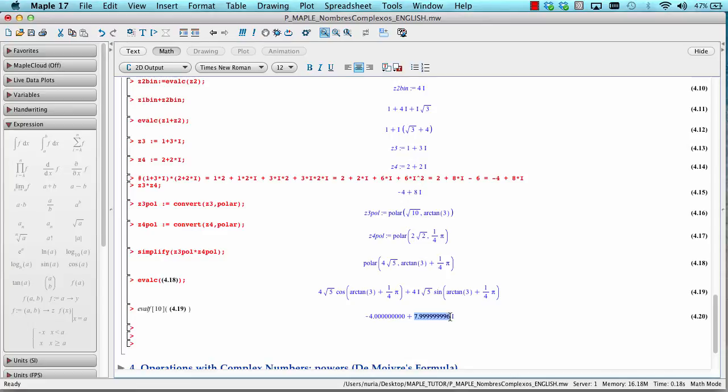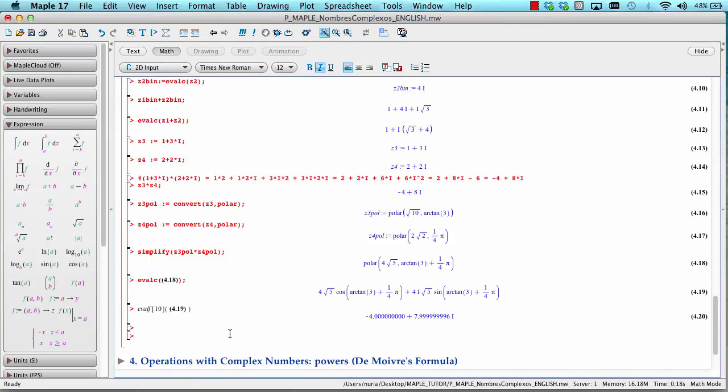Okay, so propagation of errors, this should be an 8i. Okay, so in this case, it was easier to compute the product in binomial form, but usually, if you get the numbers in polar, it's straightforward to compute the product. Okay, so let's remove these two lines.